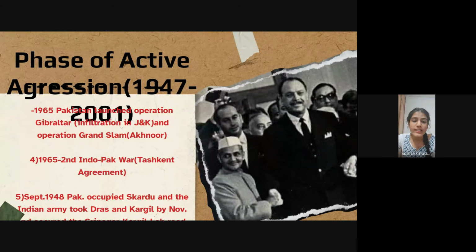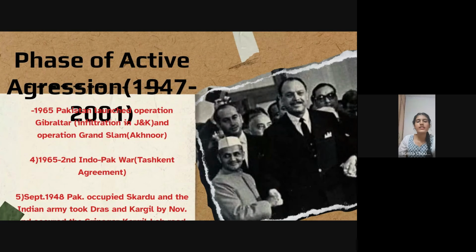Now in 1965, Pakistan launched another operation, Gibraltar, whose motive was to infiltrate Jammu and Kashmir and also to radicalize the youth of Kashmir. But it was a failure for Pakistan, and after it, Pakistan launched another operation, Operation Grand Slam, whose motive was to capture the area of Akhnur.